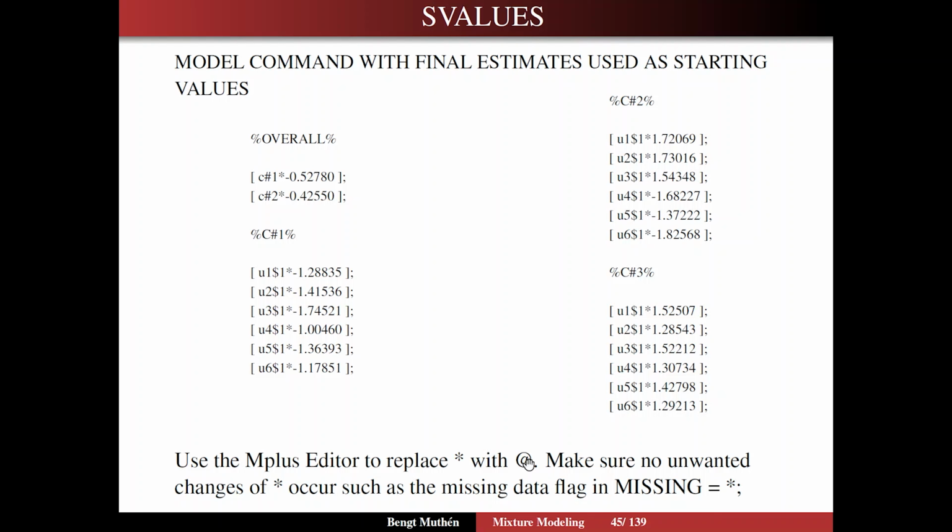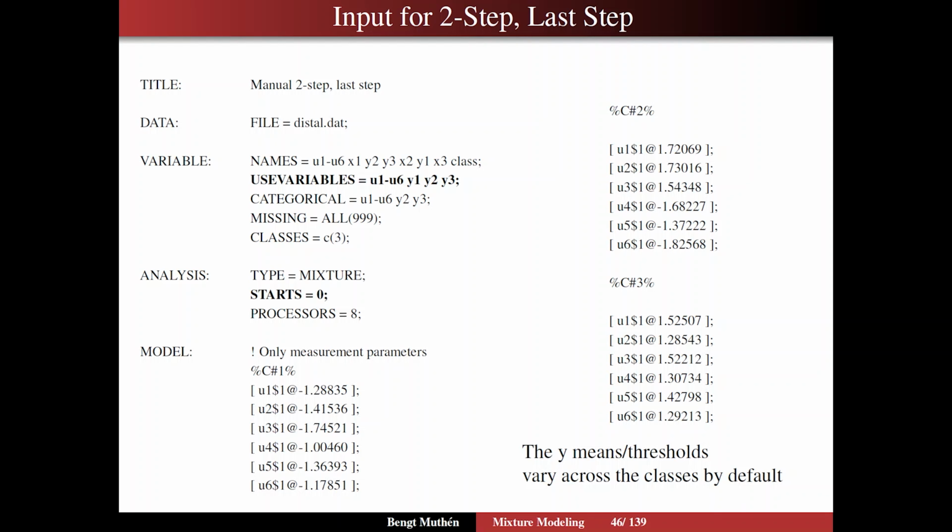And you do a global replacement where you want to make sure that no unwanted changes of asterisk occur, such as the missing data flag in missing equals asterisk, so that you may end up with that being an at instead of an asterisk, so you have to change that back. Anyway, so these are the values you take for the last step on slide 46.